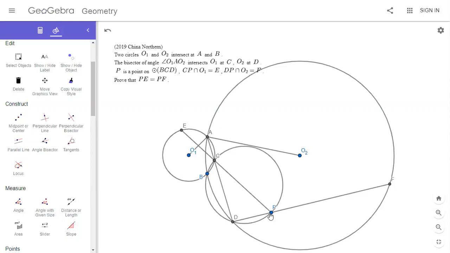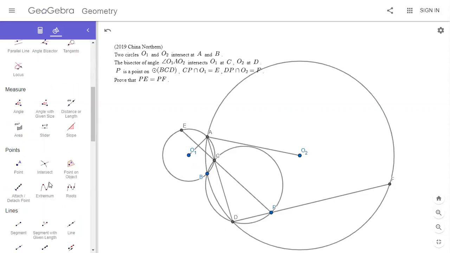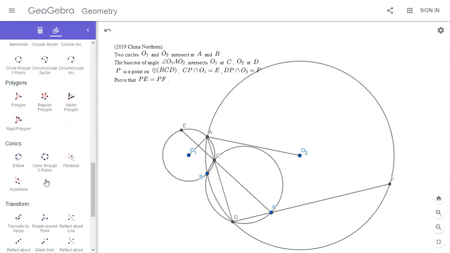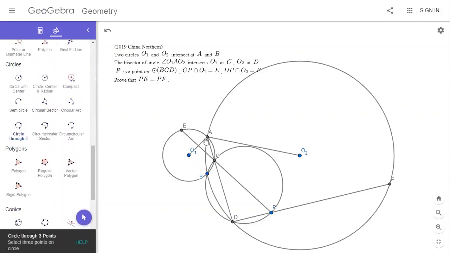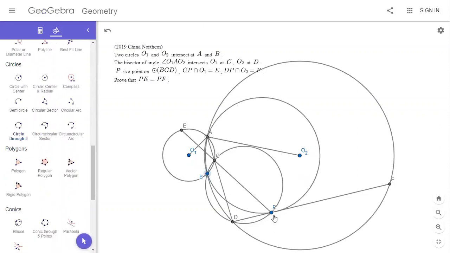Let's see, so PC times PE. I'm wondering if I could use the power ratio lemma. I'm pretty sure there's a simpler way than this. I'm just trying it for the heck of it.